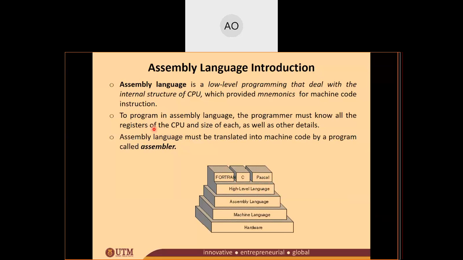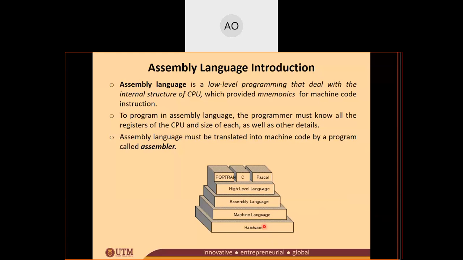To program in assembly language, the programmer must know all the registers of the CPU and the size of each, as well as other details. It means that in order to write assembly language, you need to know your hardware design and hardware architecture.